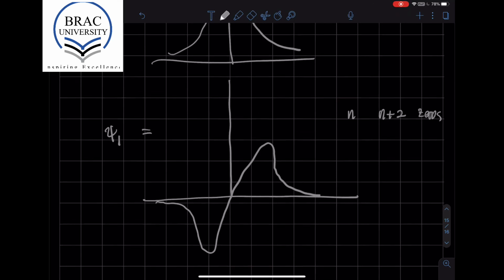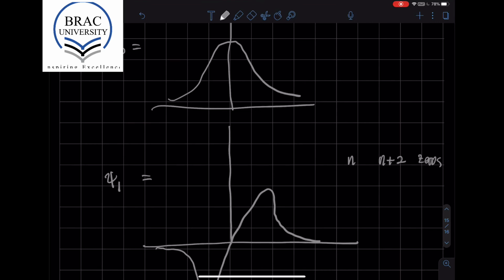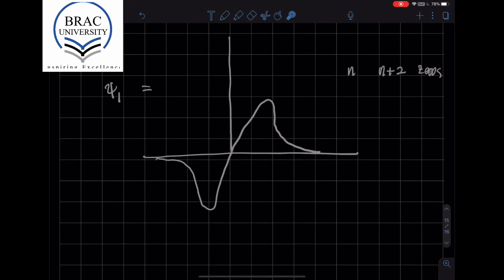And if n was 0, then it would be the ground state, and the 2 zeros of the wave function would be at plus infinity and minus infinity. For the first excited state, we see that there's a 0 at the center, and then there will be 0 at positive infinity and 1 at negative infinity.